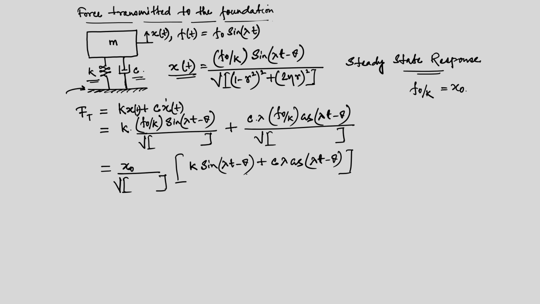And this expression again we can further simplify. So, what we have x naught divided by the term in the denominators, and we can write this expression. So, this will be square root of k square plus c lambda square, and then we will have sine lambda t minus theta plus beta.